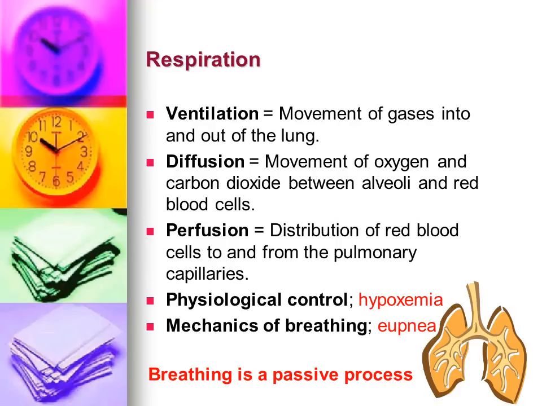Respiration includes 3 processes, which are your ventilation, diffusion, and perfusion. You will analyze respiratory efficiency and ventilation by assessing the respiratory rate, the depth, and the rhythm. Remember, breathing is a passive process. You can hold your breath until you faint, but you will not die, because after you faint, you will start breathing again.